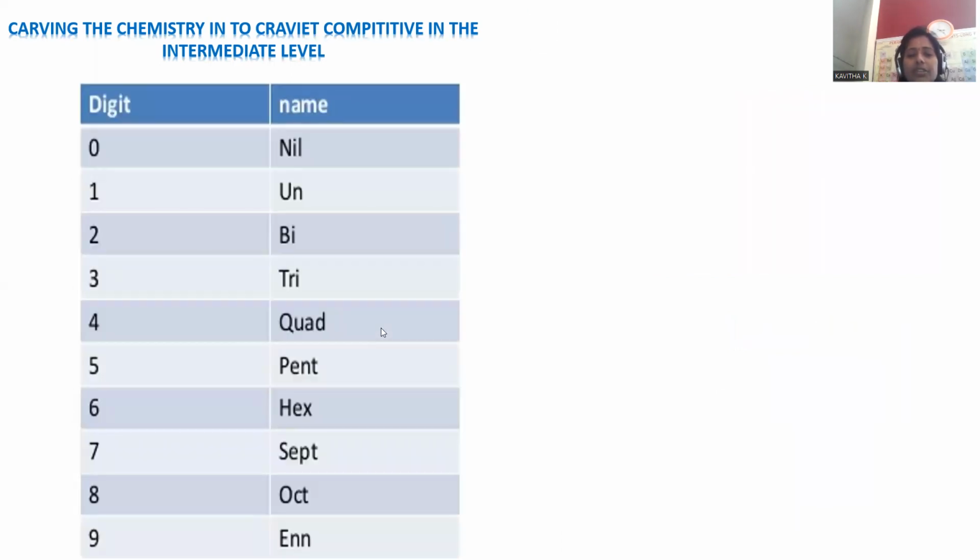Let's see the individual IUPAC naming system. If 0 is the digit, that is denoted with nil. 1 is un, 2 is bi, 3 tri, 4 quad, 5 pent, 6 hex, 7 sept, 8 oct, 9 enn. This is the way IUPAC nomenclature is possible for the various digits.